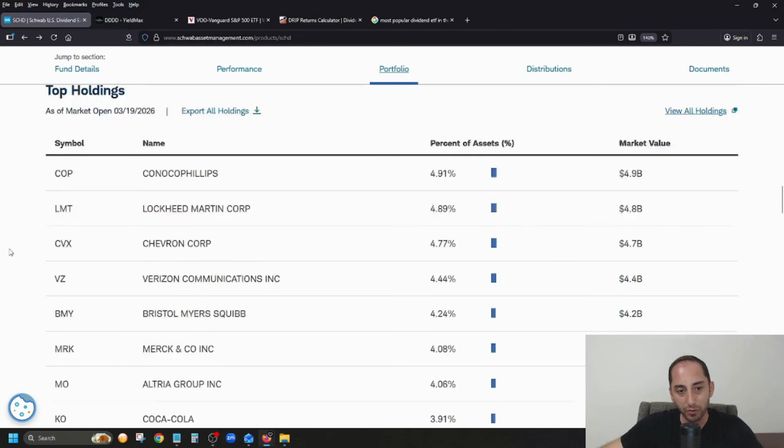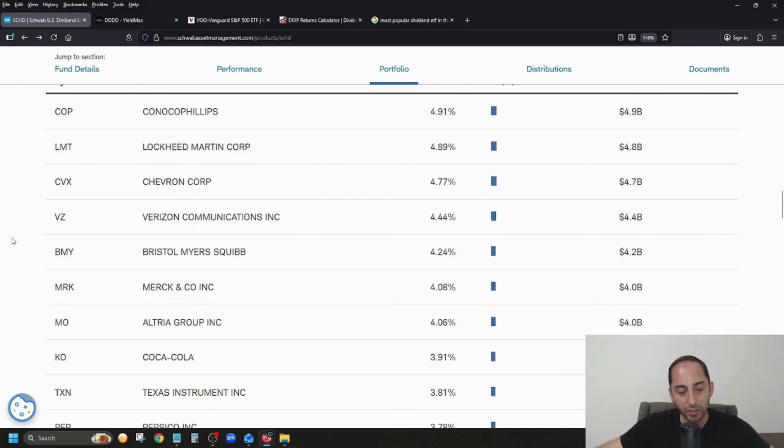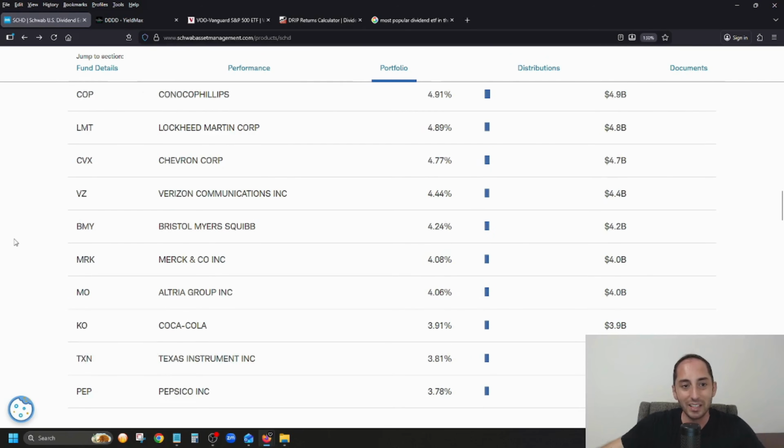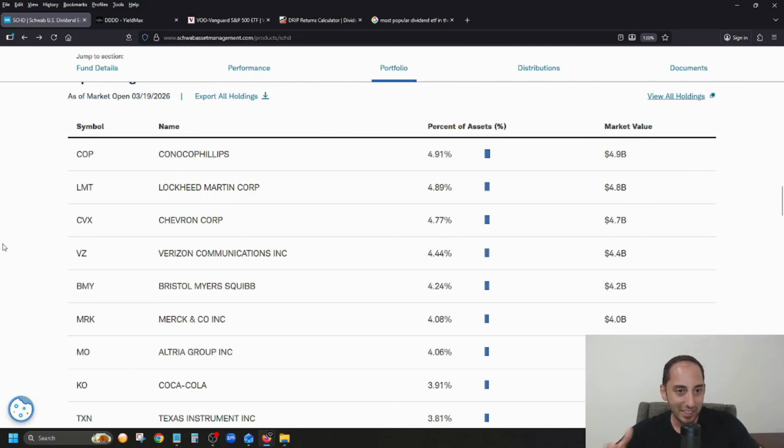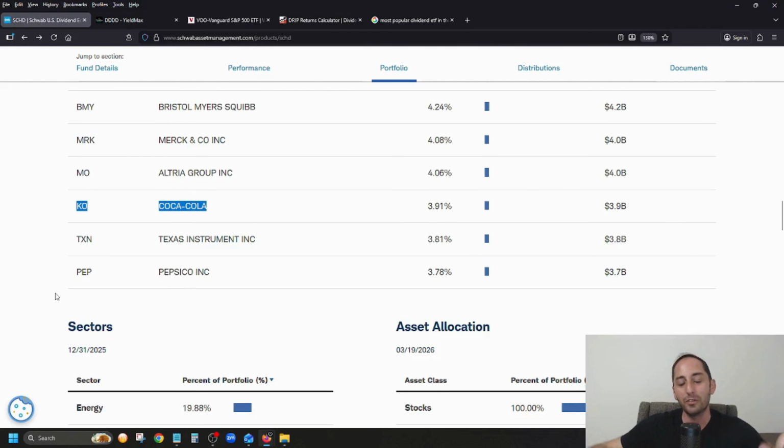If we click on the portfolio, you'll see obviously the top stocks here. You'll notice that typically if you look at the S&P 500 or the NASDAQ 100, what are the top stocks? The Magnificent Seven. But the top stocks in SCHD are more heavy on energy, like ConocoPhillips and Chevron, and communications like Verizon, and Coca-Cola's here, right? They really focus more on the quality dividend stocks.